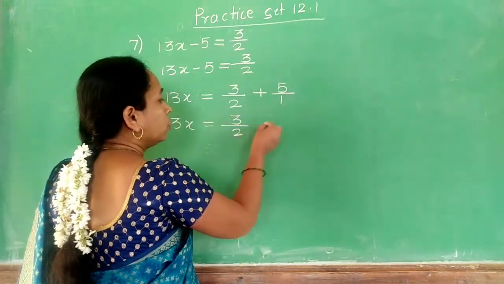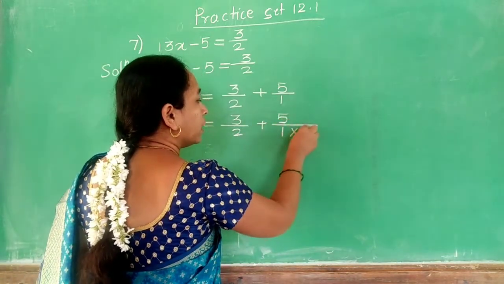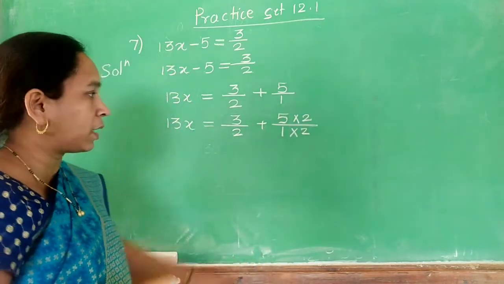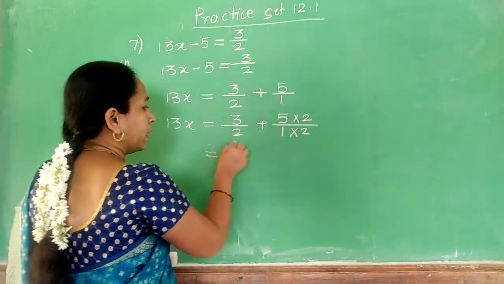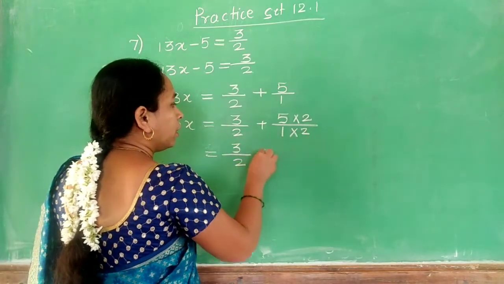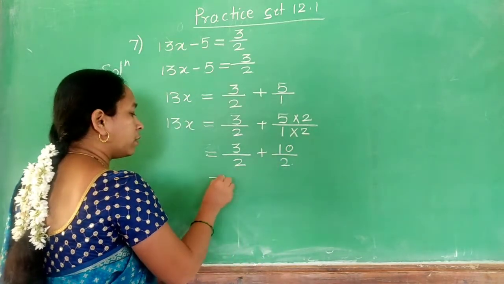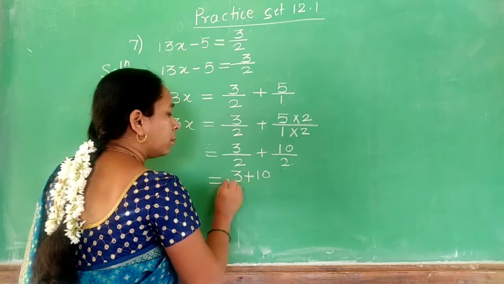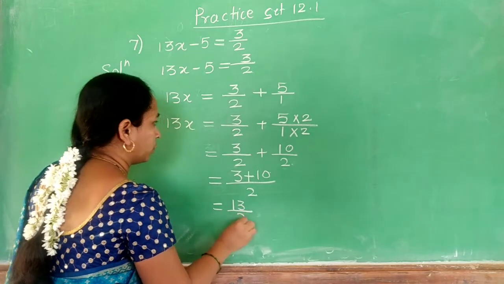So 3 upon 2 plus, when I multiply the denominator by 2, I should multiply the numerator also by 2. So here we will get 3 upon 2 plus 10 upon 2. Now their denominators are equal, so I can add the numerators. 3 plus 10 upon 2, that means I will get the answer 13 upon 2.